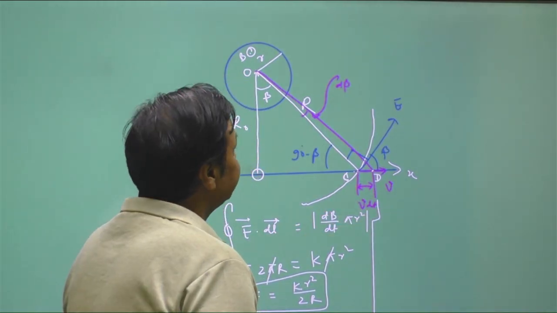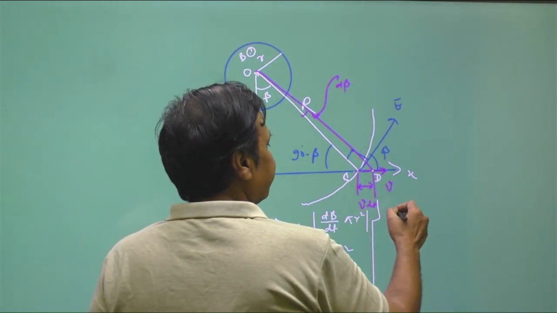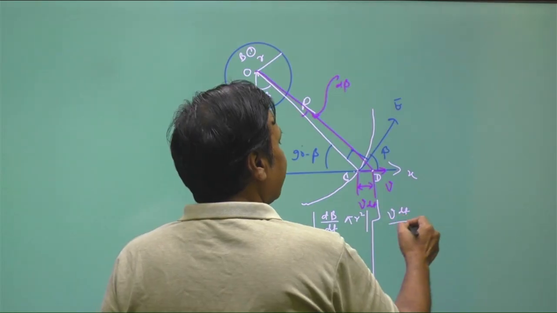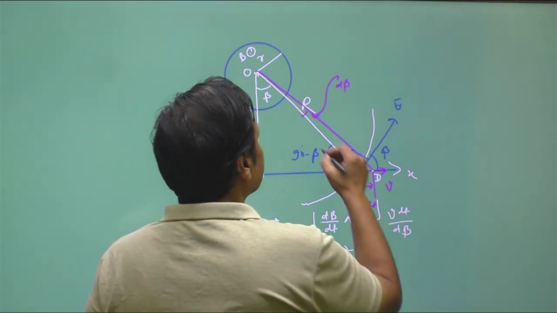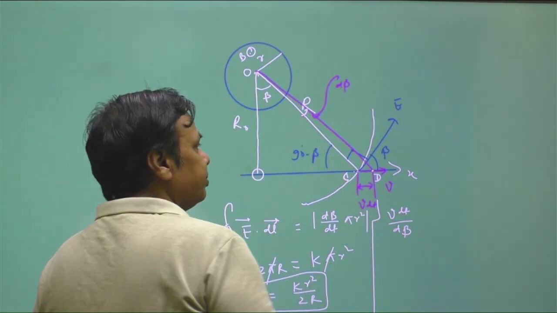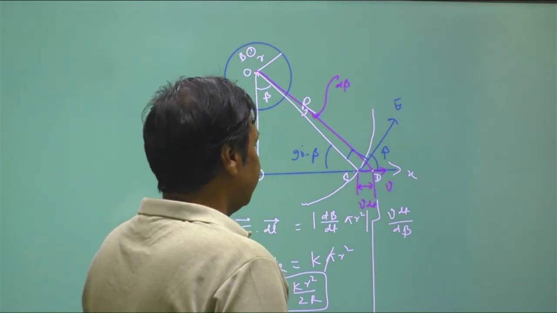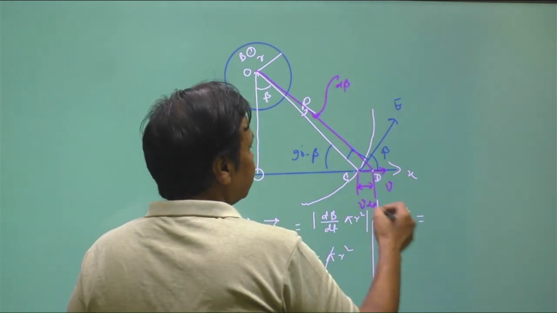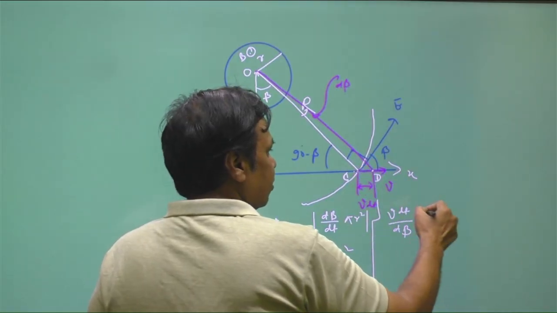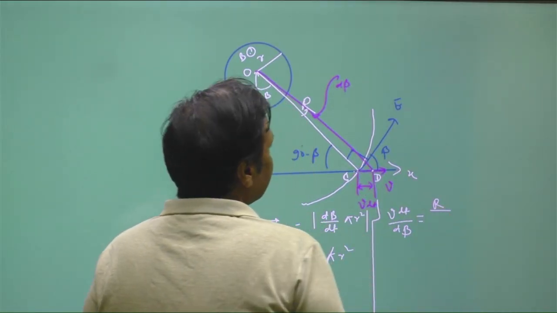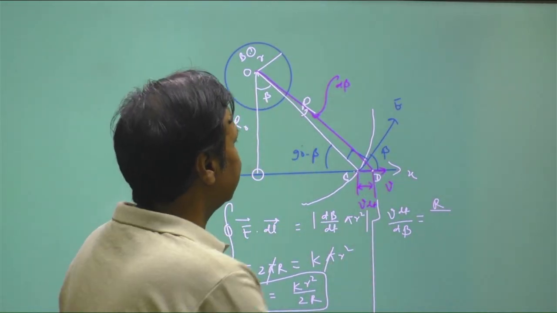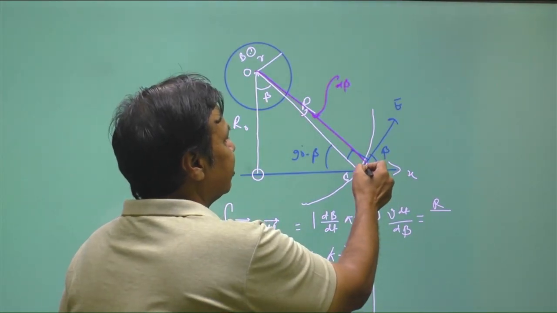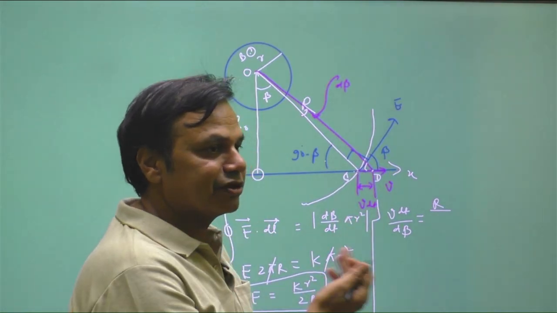This is the triangle OCD, and this length is v dt. So I can write one thing: v dt upon sine d beta, the opposite angle is d beta, is equal to this length R divided by sine of this angle.